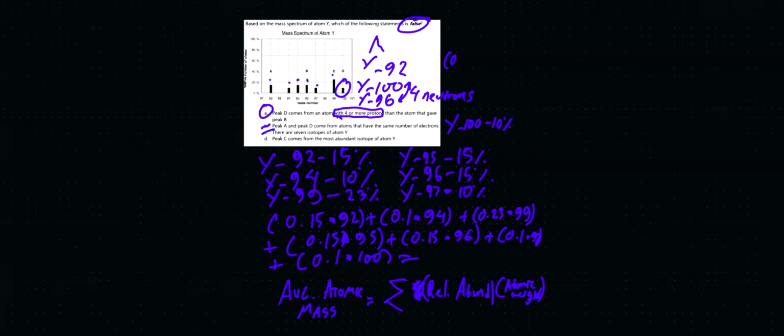And peak C comes from the most abundant isotope of atom Y. C is over here. That is also true. So yeah, the answer for this one would be A.